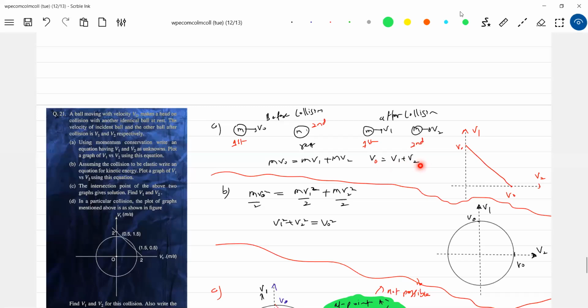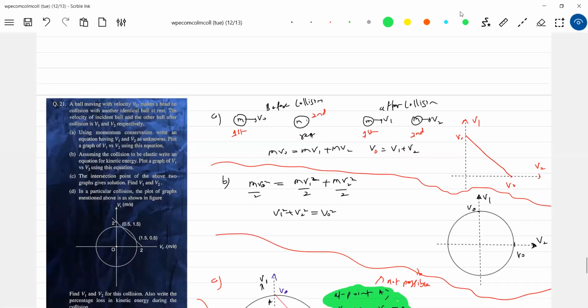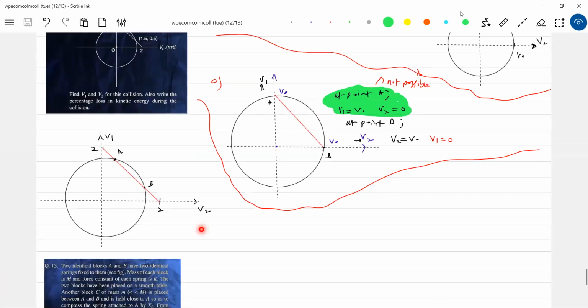Don't get deviated. It's like this. So therefore, the very first equation we can write is m into 2 equals mv1 plus mv2.